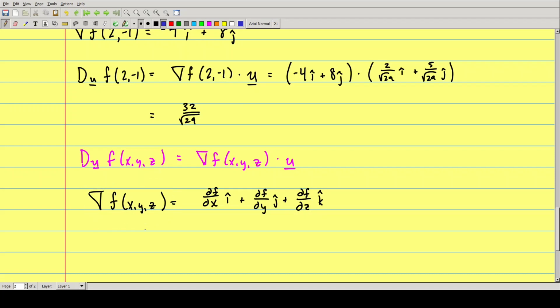When we talk about gradients, most of the time we're actually going to want to be dealing with functions of three variables, or at minimum, an implicit function of three variables where we might think of it as a surface, but z is equal to f of xy, and we might just have a parameterization for z, and we would differentiate with respect to z to make it look like this anyway. Okay? We're going to see a lot of this.